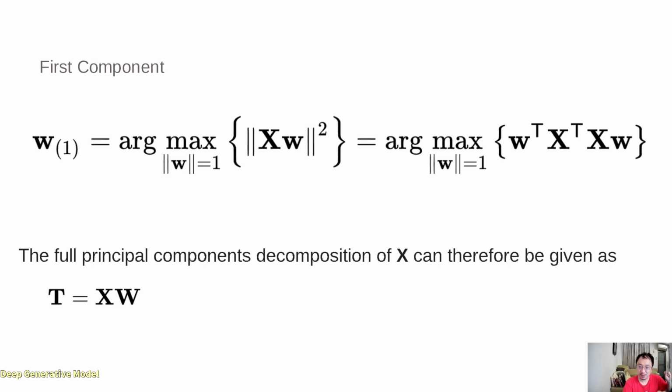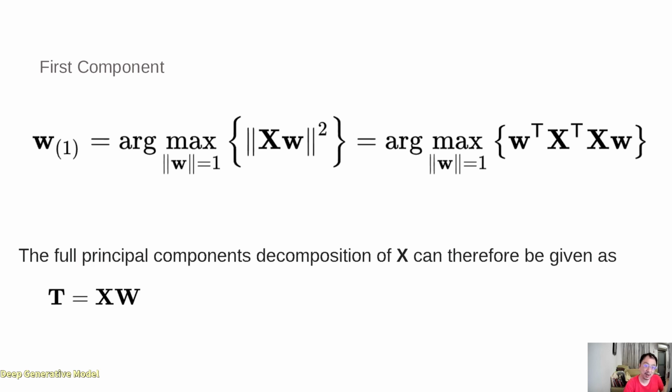And the remaining has to be less than the first one, because the first is the champion of all directions. The second one is only a champion if we remove the first one. After we get the second most important one, then we get the third, the fourth, the fifth and all of them, and we can order them by importance. This is the algorithm of PCA.